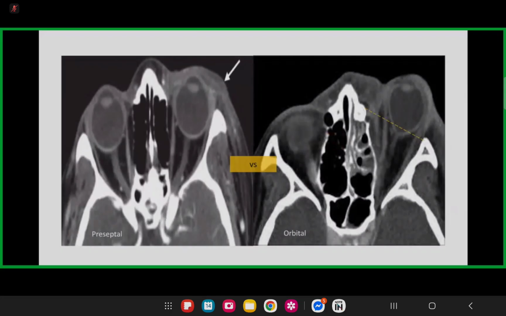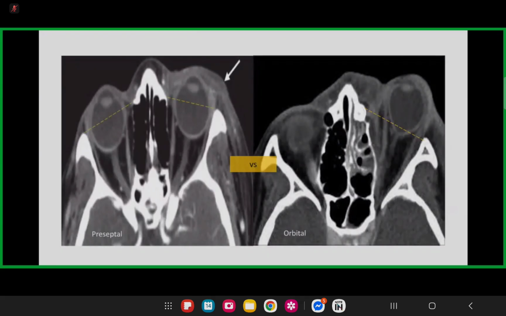And then we use landmarks, such as the bones. We draw an imaginary line connecting the bones and assess the globe. In this case, the globe is proptotic. Normally, that imaginary line should intersect the middle part of the globe. Here it is mostly at the posterior part, which means this eye is moving forward, or is proptotic.